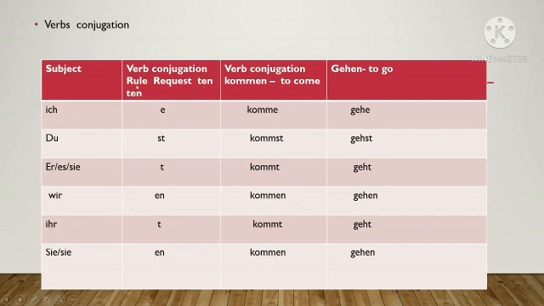So if you take e here, ich komme, then the remaining: st, du kommst; t, er kommt; en, wir kommen; t, ihr kommt; en, sie kommen. So this formula, e, st, t, en, t, en, you can use. You can keep this trick in your mind for conjugation. Now let us see the next slide.